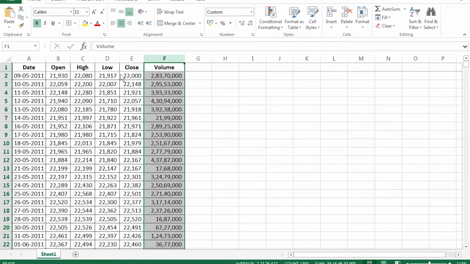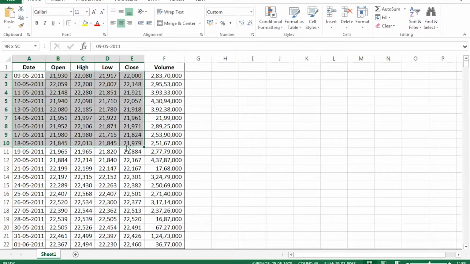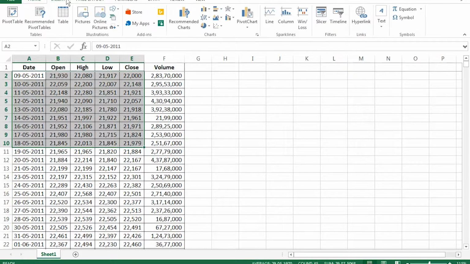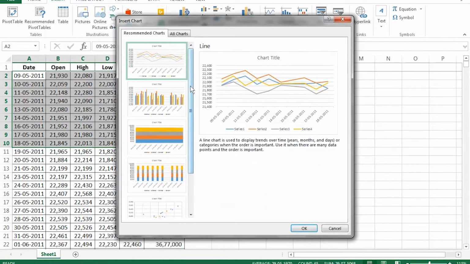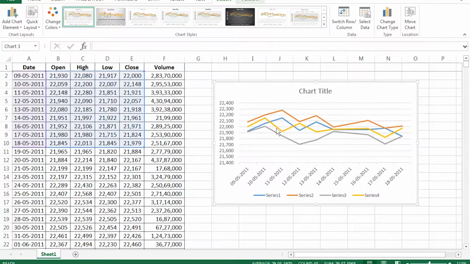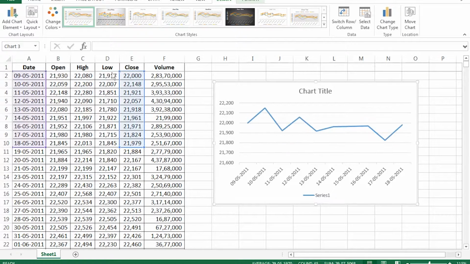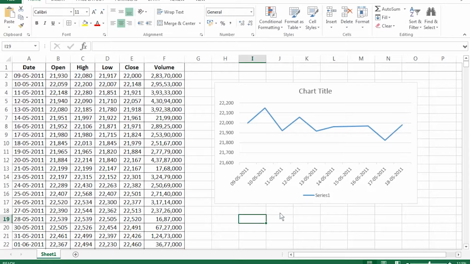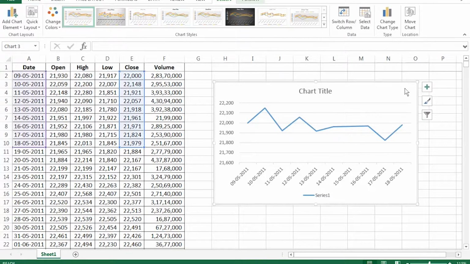Now if I have this historical data, and I select a part of it and ask Excel to plot a chart, it will plot something like this: four lines representing the four attributes of price. However, if I take it down to just close, that is only one attribute, I get a two-dimensional chart.